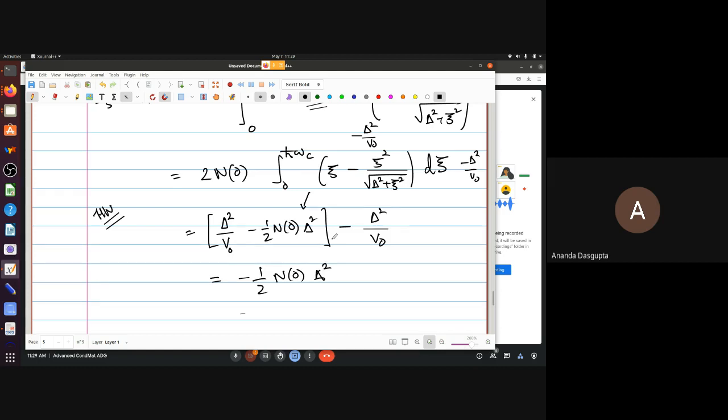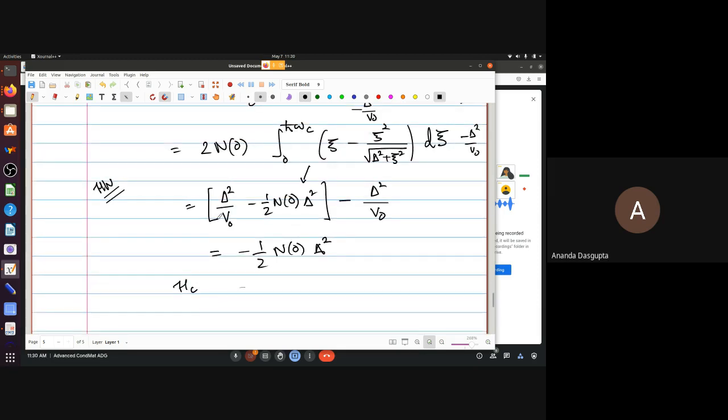And this immediately tells us that, if I'm using CGS units, if the critical magnetic field is given by this, then we can easily see that Hc square by 8 pi has to be half N0 delta square.